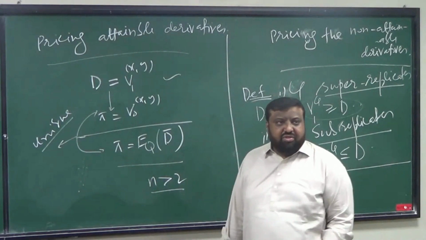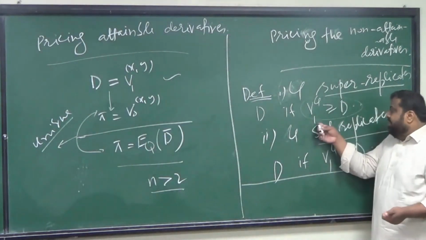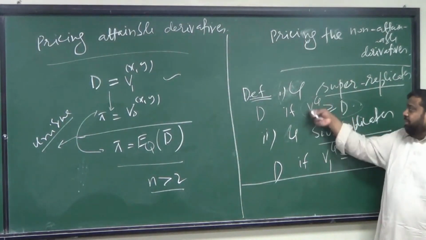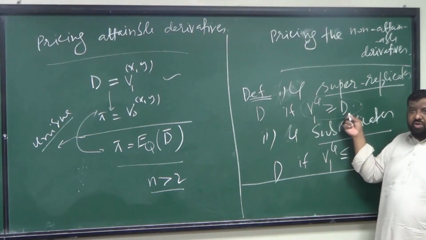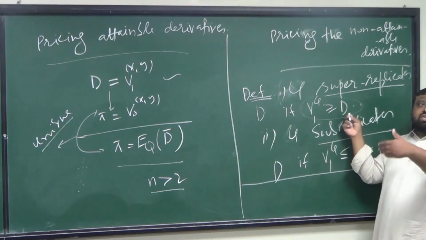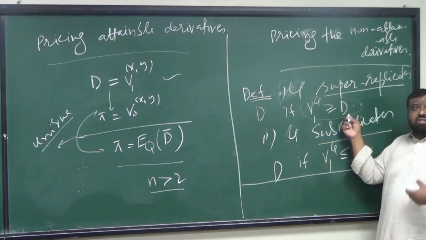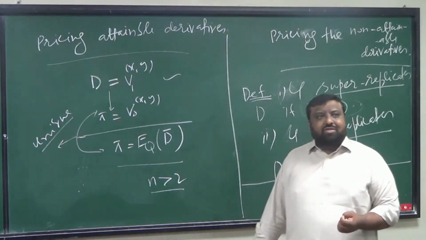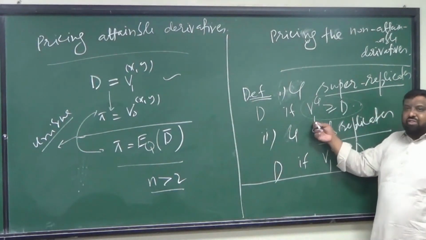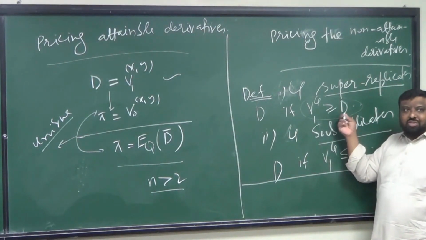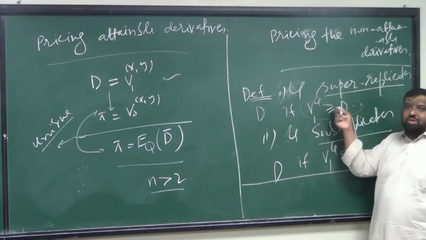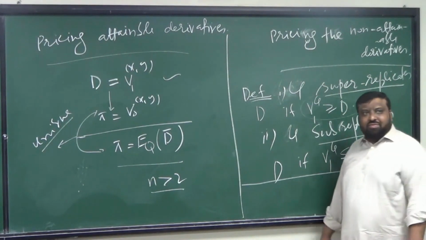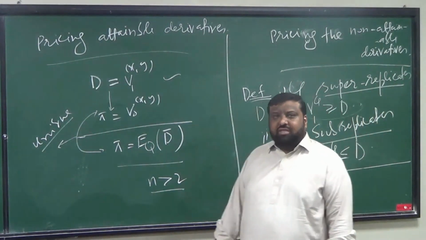Once you create it at time 0, you know for sure that at time 1 you can meet the obligation, because the value of the portfolio is going to be bigger than the payoff of the derivative. So if the other party, the person with the long position, claims the right, for example in case of an option, then I know that the value of my portfolio is bigger than this claim. So I can easily meet the obligation. Is it making sense?